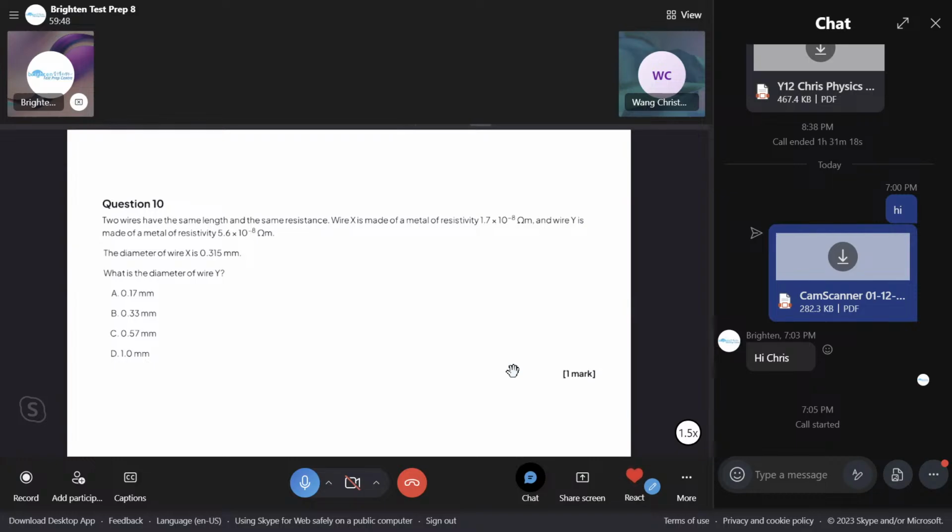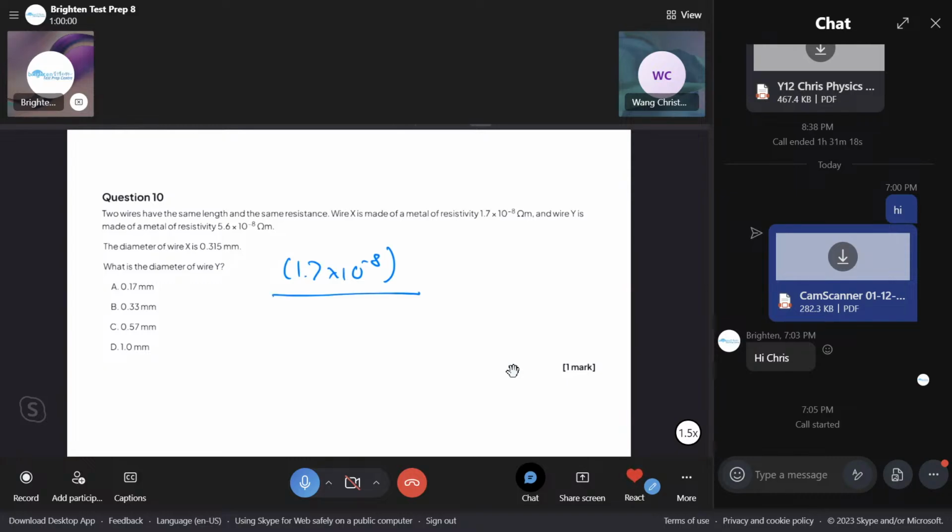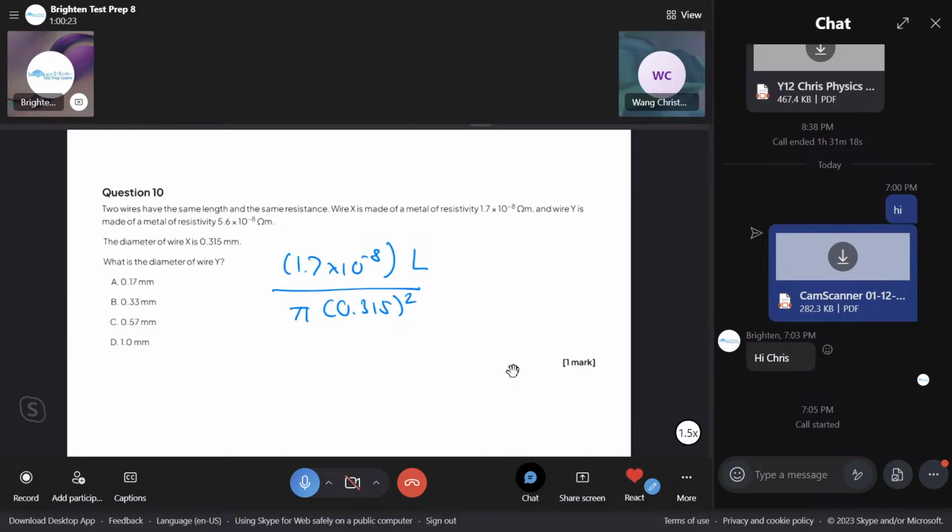So, okay, let me recreate that. So we have the resistivity, 1.7 times 10 to the power of minus 8 over 0.315 squared by, we have the length, and we have 4 because of the quarter.